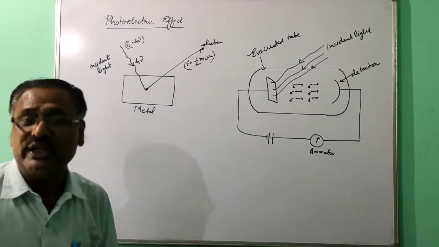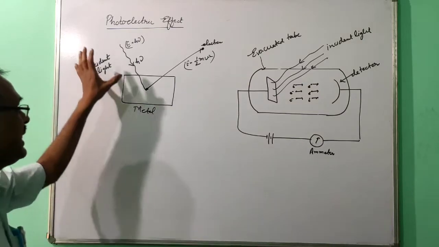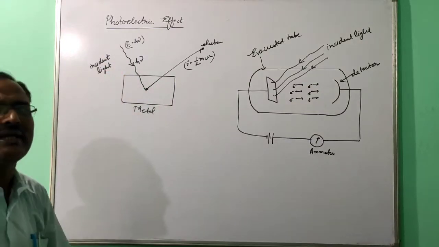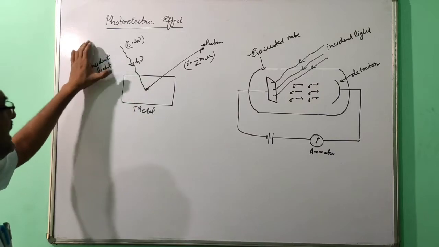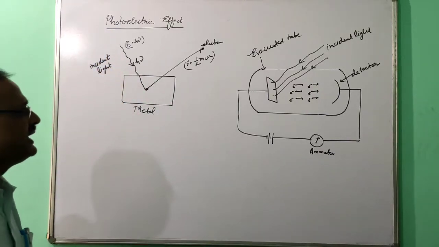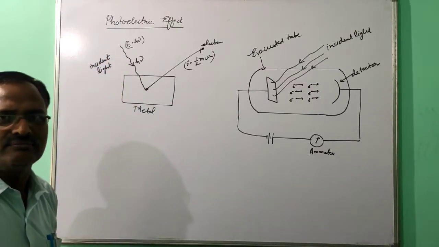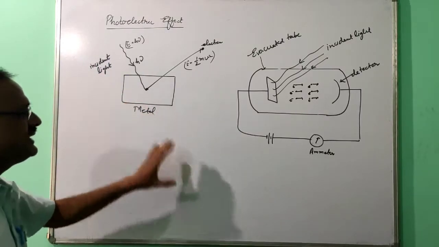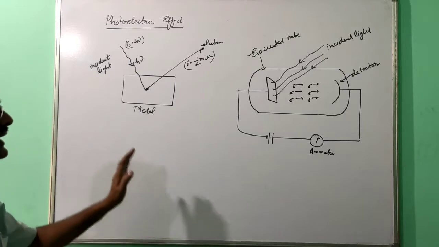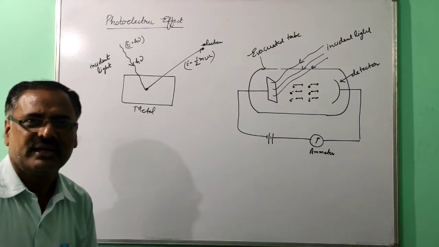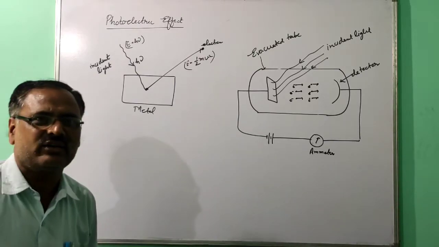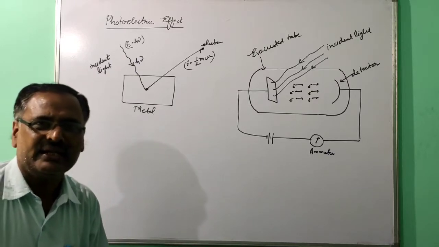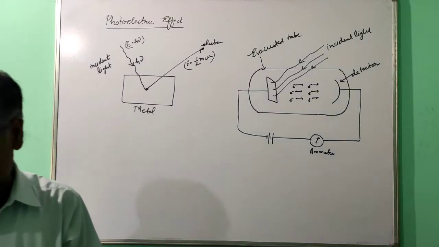So what is the photoelectric effect? When a beam of light with sufficiently high energy falls on a metal surface, electrons are ejected. These ejected electrons are called photoelectrons, and the phenomenon is called the photoelectric effect.